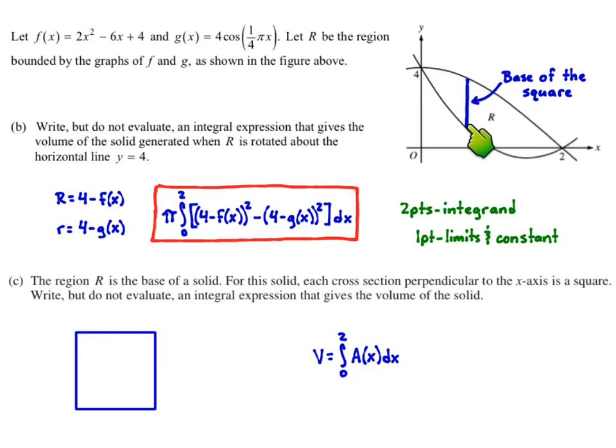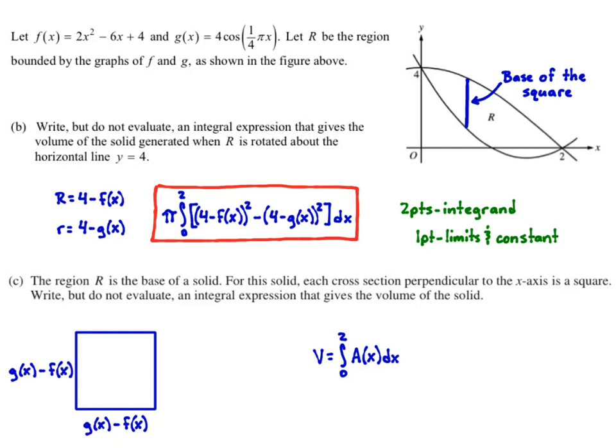Well, how do I figure out that distance? I find that distance by saying the upper curve minus the lower curve. And so that distance would be g of x minus f of x, because g is my cosine curve and f is my parabolic curve. Now because this is a square, that means the height is the same as the base, and so the height would be g of x minus f of x.